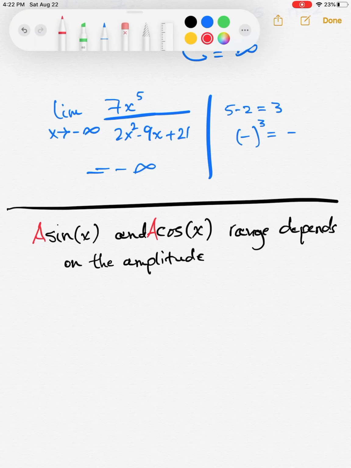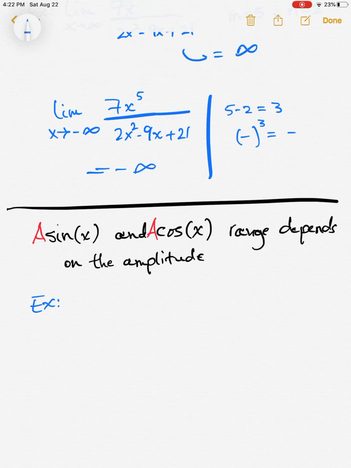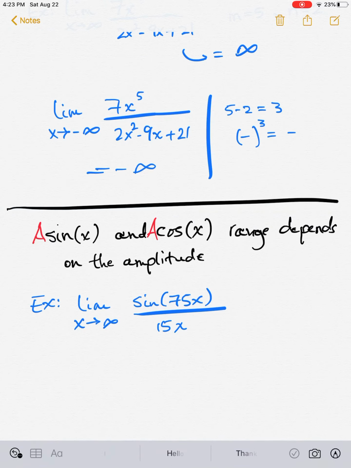I said all that to say, if you slide some trig equation into the mix, and let's say we want to find the limit as x goes to infinity of sine of 75x over 15x, this numerator is going to be stuck.